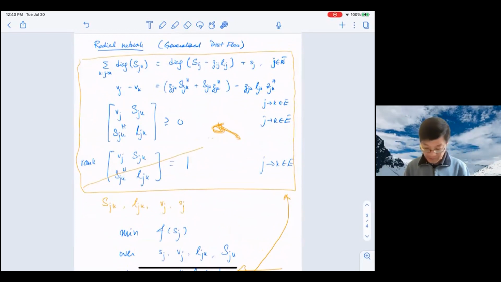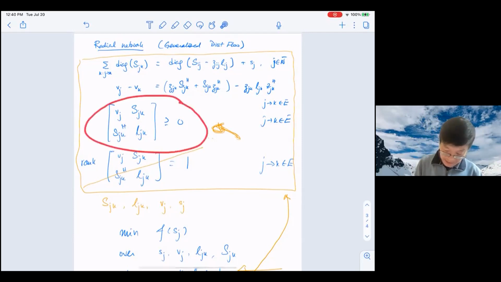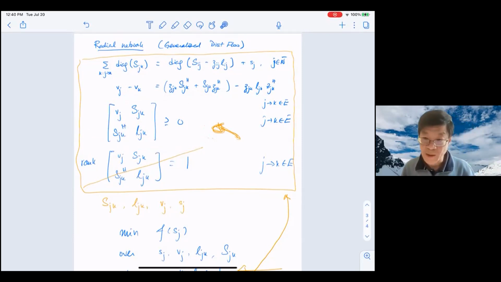You get this set of equations. The only constraint that is non-convex, rank 1, is what makes your OPF non-convex. And if you ignore the rank 1 constraint, you get an SDP relaxation. It's not SOCP. And the reason it's not SOCP is because this has more than quadratic inequalities. So if you write this down, it can be degree 6.